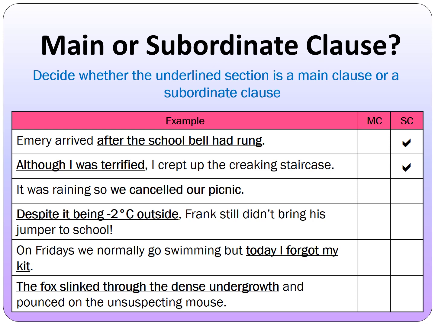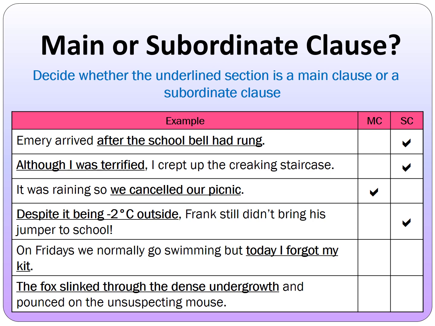Yes, that makes sense on its own, therefore that is a main clause. Despite it being -2 degrees outside, Frank still didn't bring his jumper to school. Despite it being -2 degrees outside is a subordinate clause.